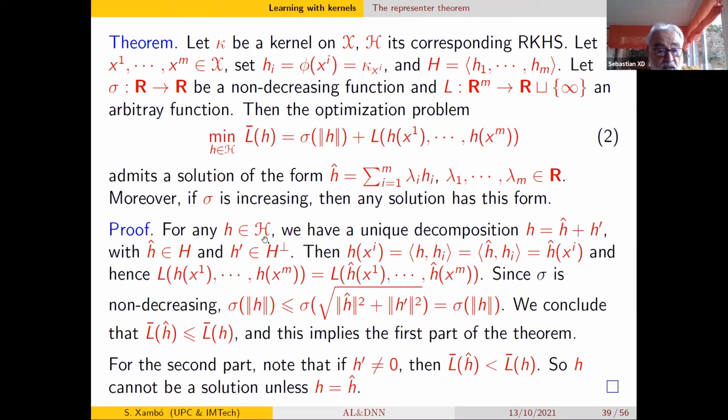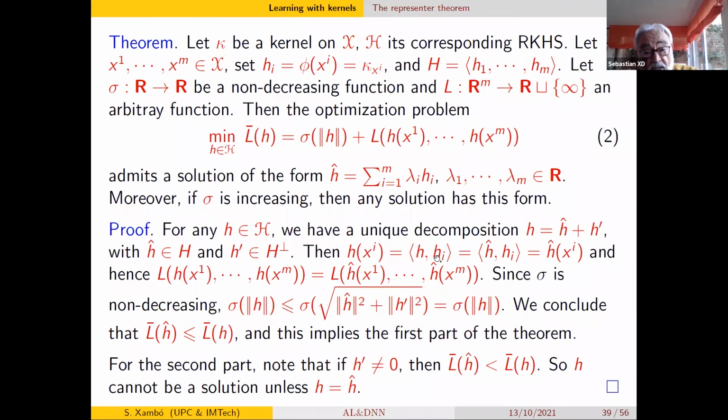For any h in curly H, we have a unique decomposition, as explained before, into h hat belonging to this space, and h prime belonging to H perp. Then look at this: h of xi, by the reproducing property, is the inner product of h and hi.